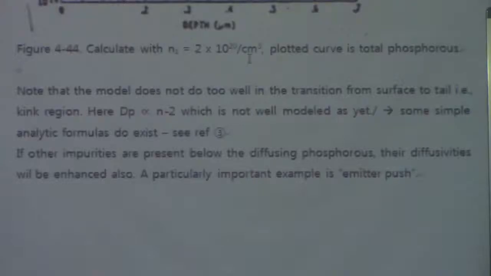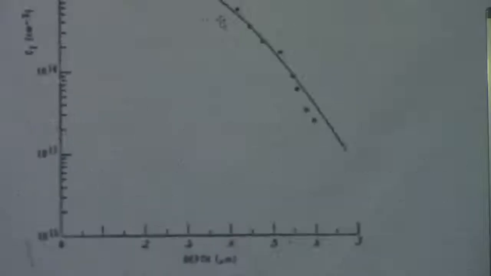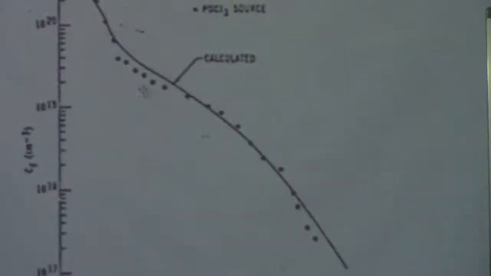Note that the model does not do too well in the transition from the surface to the tail. At the kink region here, the experimental and the calculated values are not really matching, but the other areas show a pretty good matching, right?